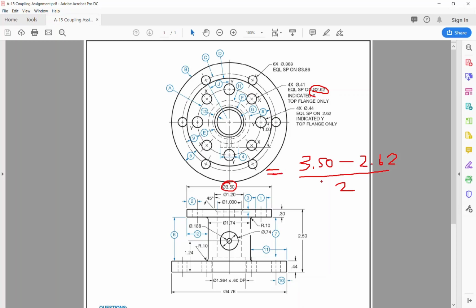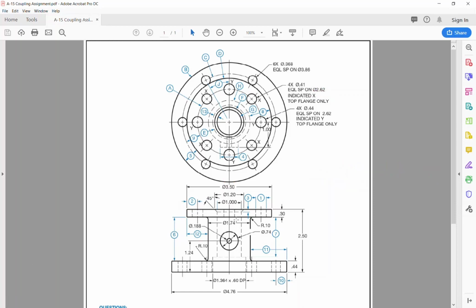So 3.5 minus 2.62 equals 0.88, divided by 2 is 0.44. That is what the number 2 dimension is right here. It's equal to 0.44.